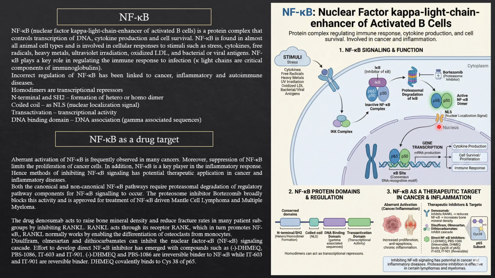Because of its central role in disease, NF-kB is an important therapeutic target, and several strategies have been developed to inhibit this pathway, for example proteasome inhibition, targeting upstream signaling molecules, as well as directly inhibiting the NF-kB subunits. Overall, this slide highlights how NF-kB acts as a regulatory factor, linking external stress signals to gene expression, and how its dysregulation contributes to cancer and inflammation.